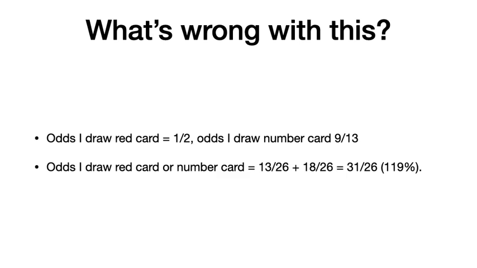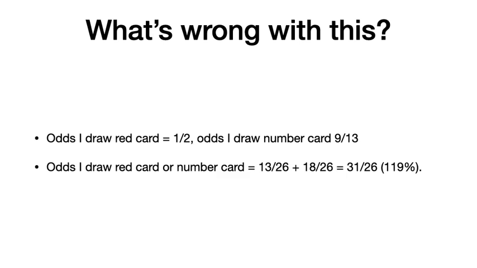So odds that I draw a number card or a red card. Red card, 13 out of 26, number card, 18 out of 26. Add them together, 31 out of 26, 119%. Now, obviously, something has gone wrong here, right? When you see odds above 100%, you know that a mistake has been made, right?